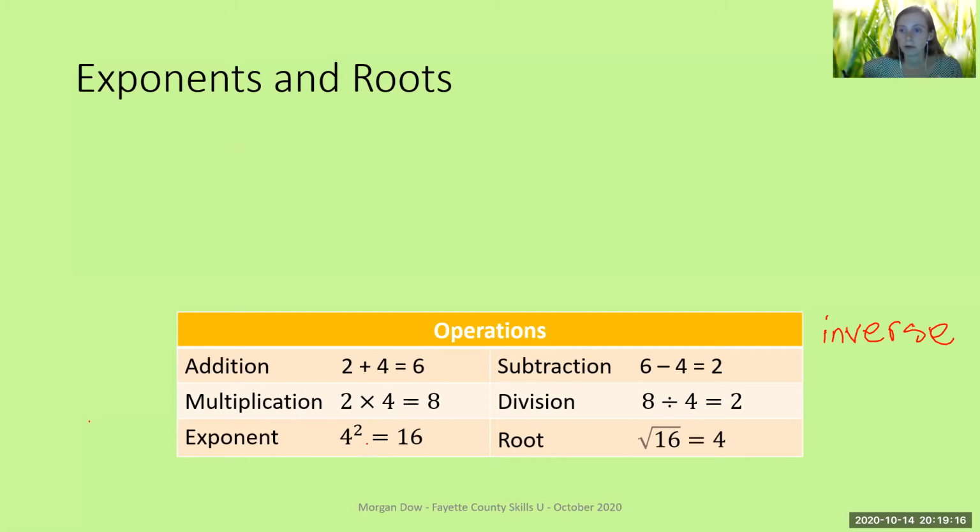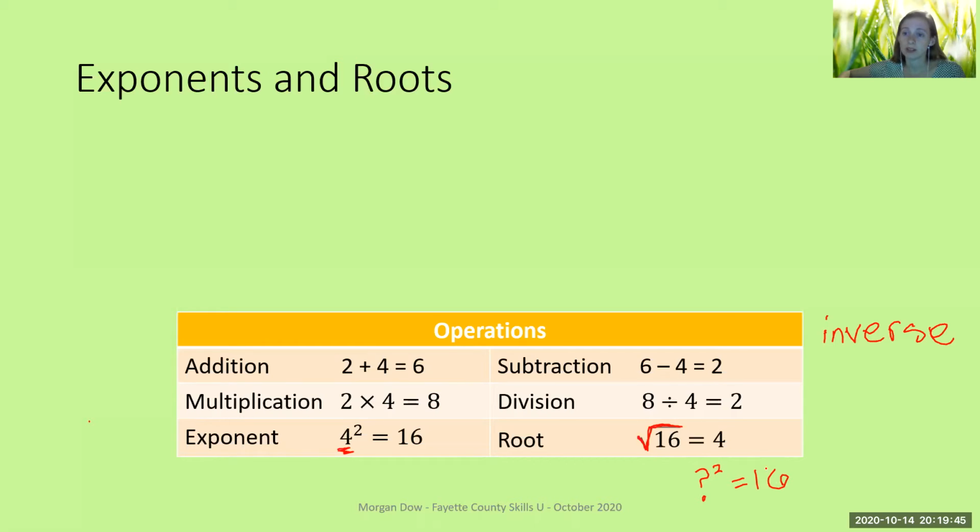So I have an example for you here down at the bottom of the page in our operations table. 4, right, we said that 4 squared is equal to 16. That means if we take the square root of 16, it's going to be 4. So the square root of 16, you would ask yourself, what number squared equals 16?